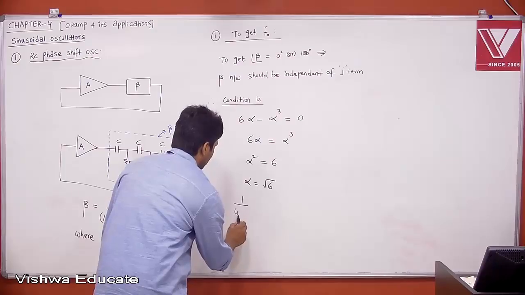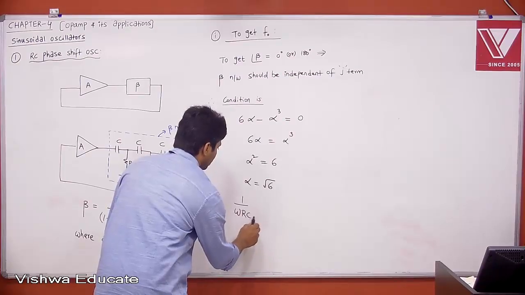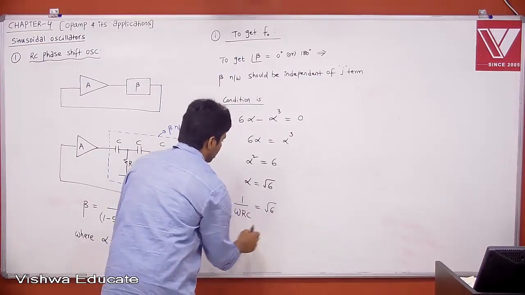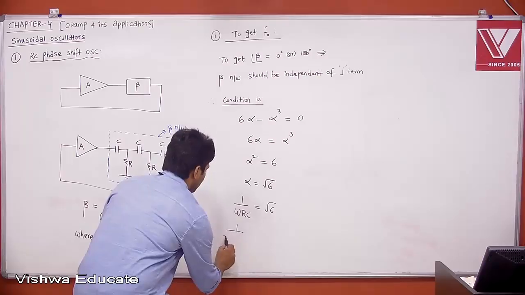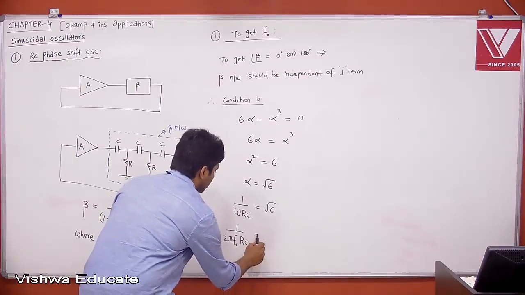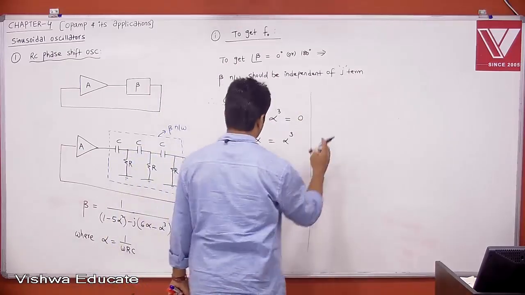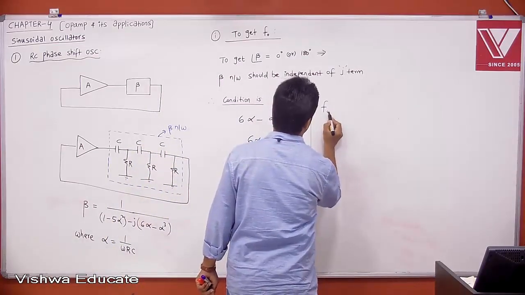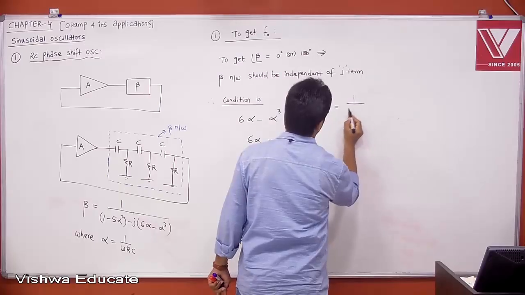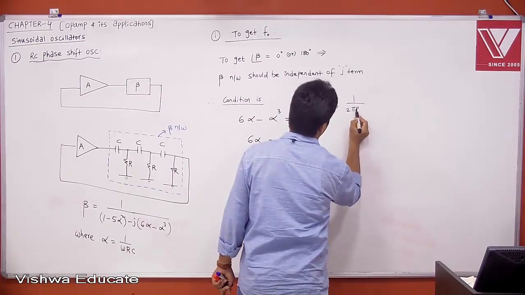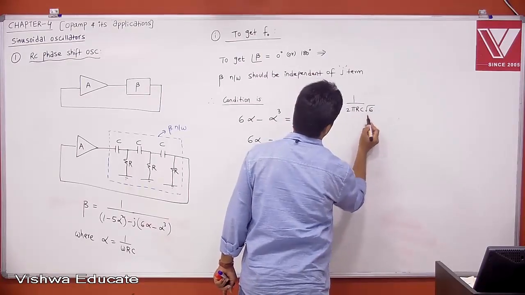Therefore, 1 by omega naught RC, or omega RC, is equal to root 6. If you write omega as 2 pi f naught, the resonant frequency, then 2 pi f naught RC is equal to root 6. Therefore, f naught is equal to 1 by 2 pi R C root 6.